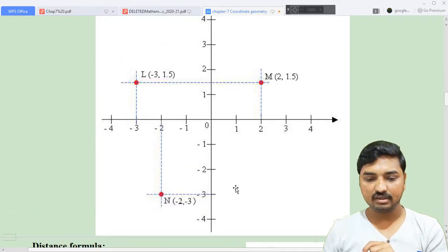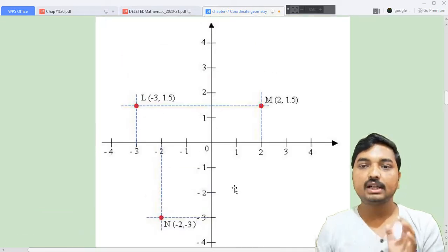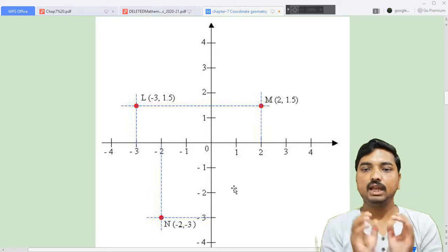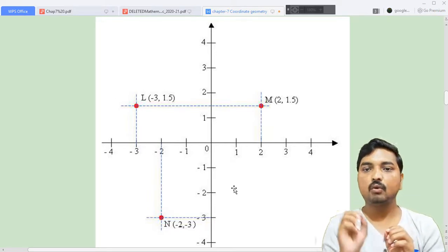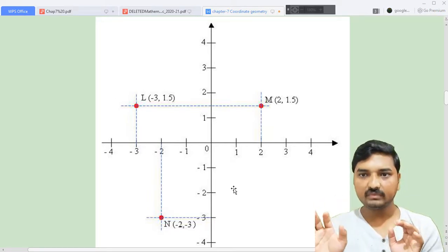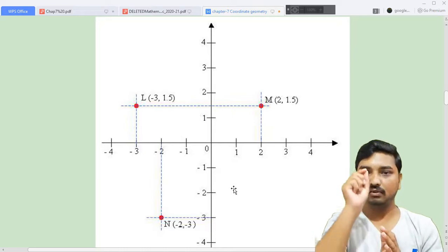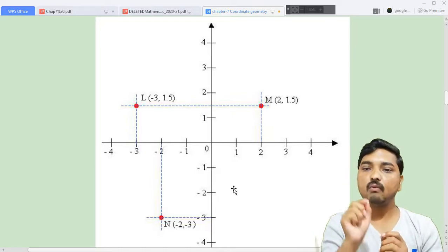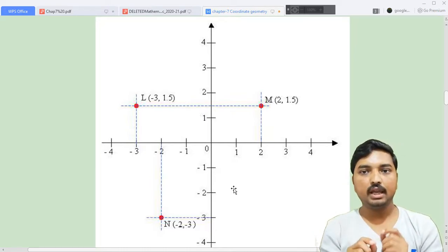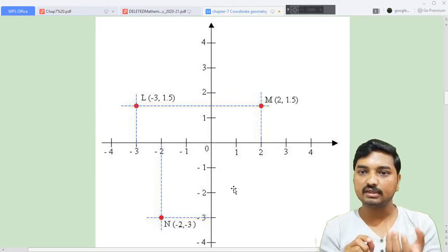So to understand: if it lies on the x-axis, only the x coordinate will be present, the y coordinate is 0. And if it lies on the y-axis, only the y coordinate will be present, the x coordinate is 0.